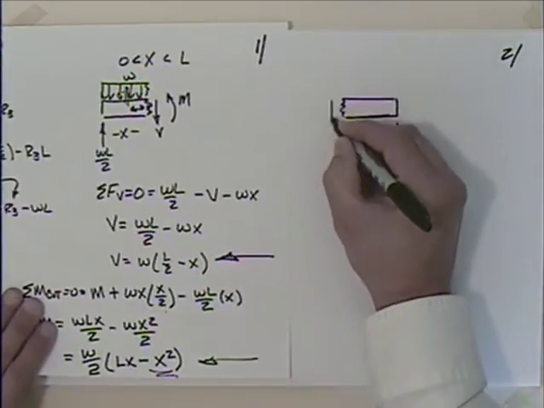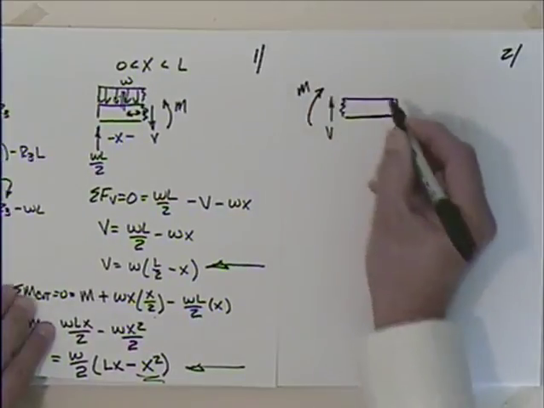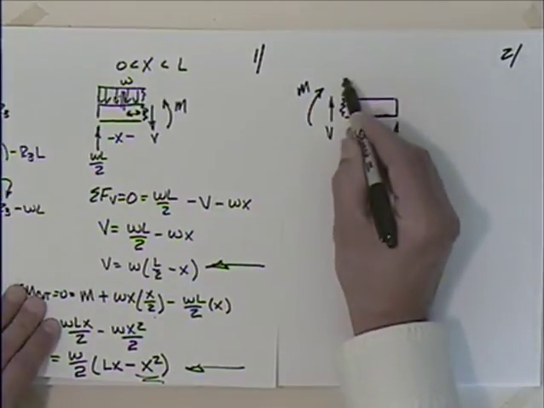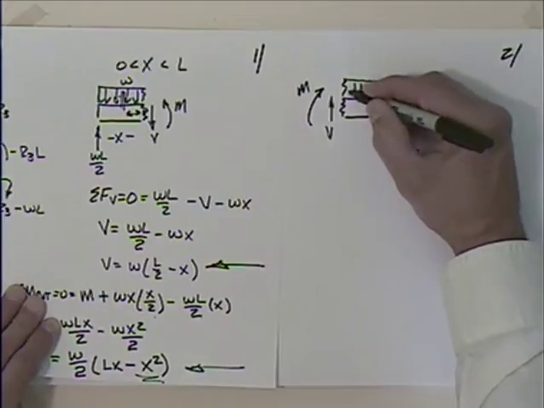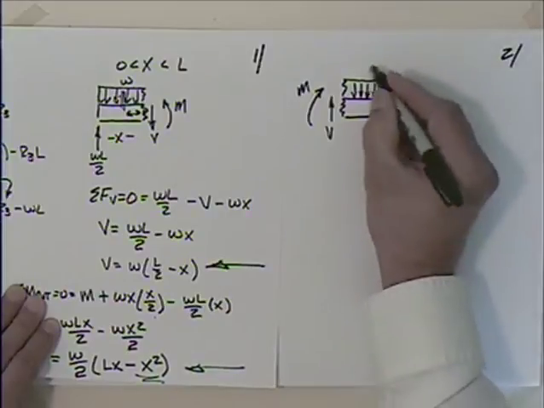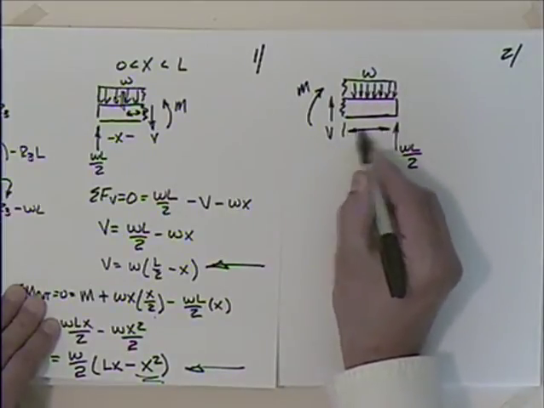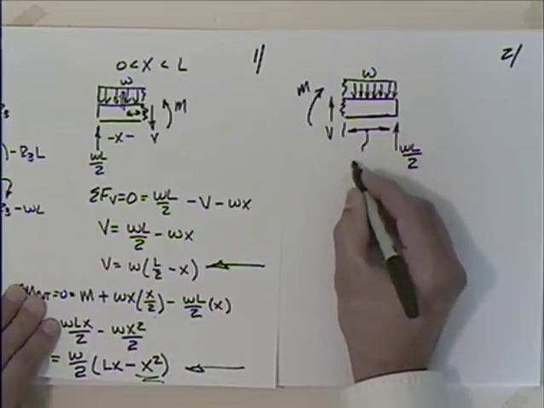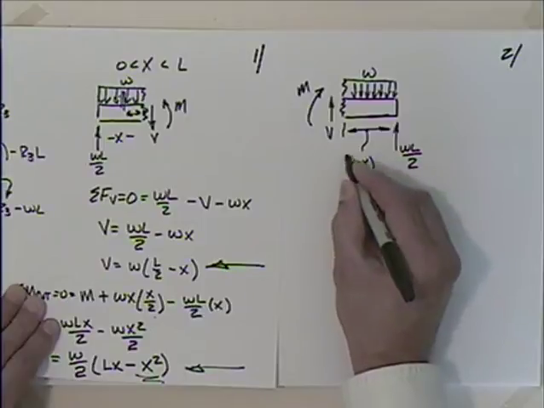And then I'd have the shear going up and the moment going clockwise, according to the deformation sign convention. And then I still have this load like this, W. And the tricky thing here is that this distance is no longer x, but that distance is L minus x, isn't it?